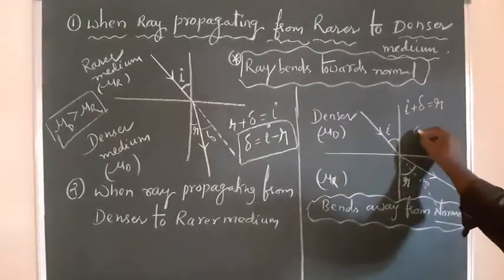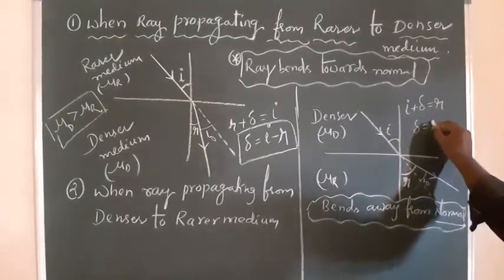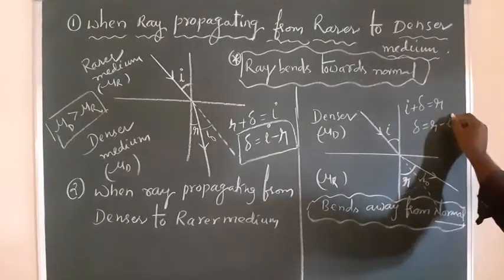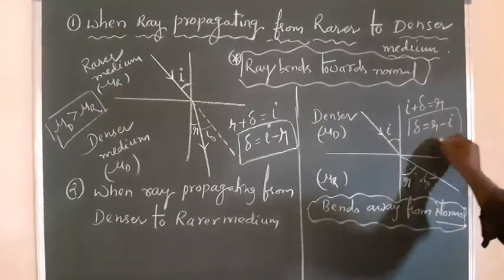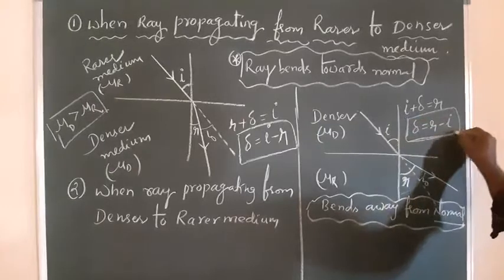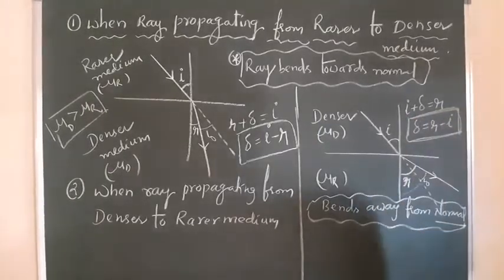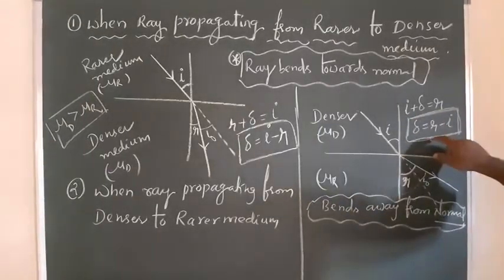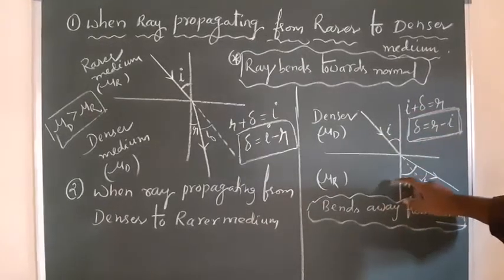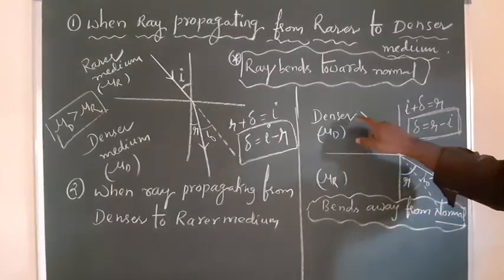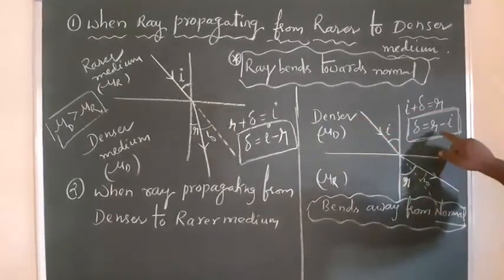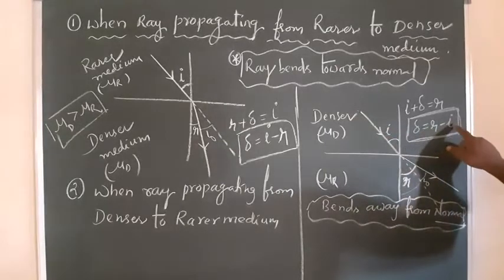So delta is equal to r minus i, refraction angle minus incident angle. That is the deviation in the second case, where the ray is propagating from denser to rarer medium.